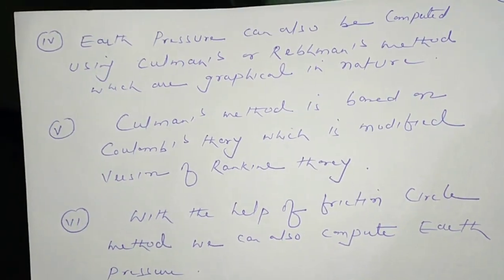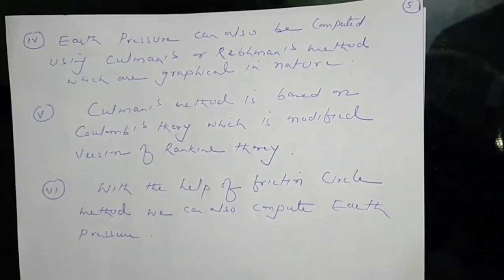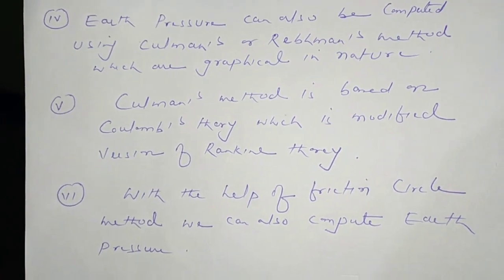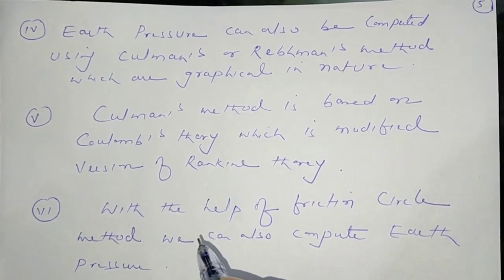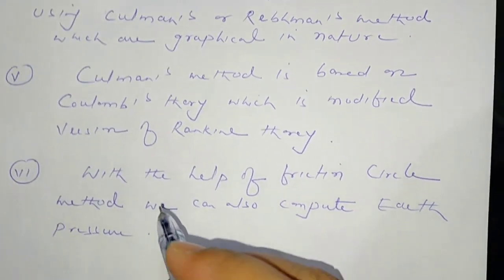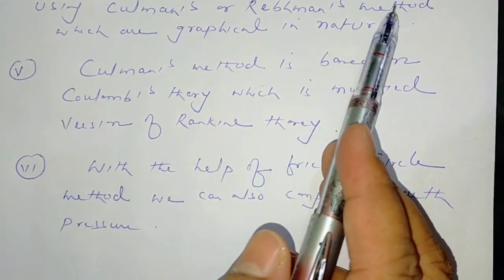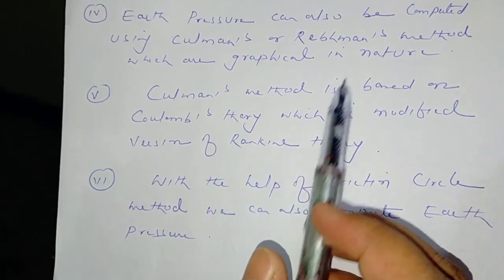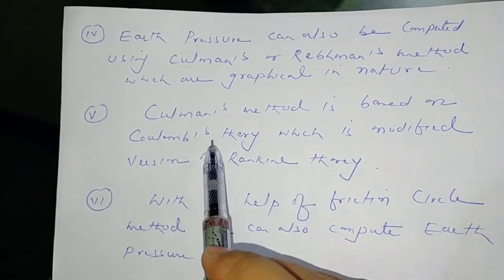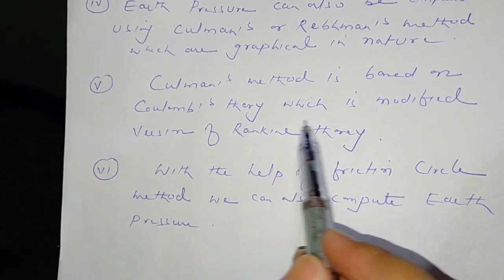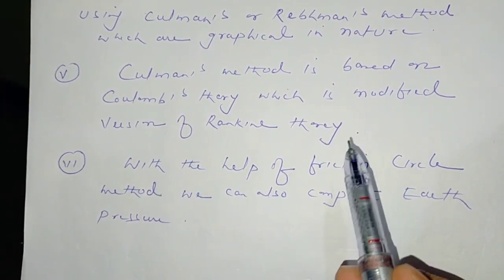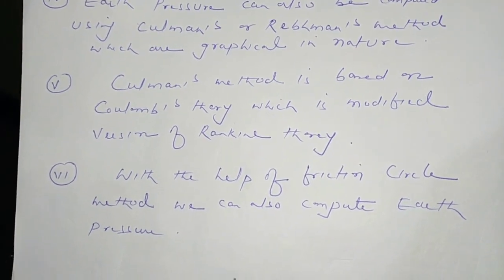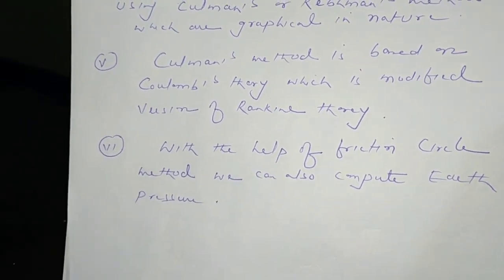Third point is, Rankine theory, face of the wall is vertical and smooth, but Coulomb's has taken the face of the wall may be inclined or vertical, but there is a friction between the wall and the backfill. Earth pressure can also be computed using Culmann's or Rebhann's method, which are graphical in nature. Culmann's method is based on the Coulomb's theory, which is modified version of Rankine theory. And with the help of friction circle method, we can also compute the earth pressure.